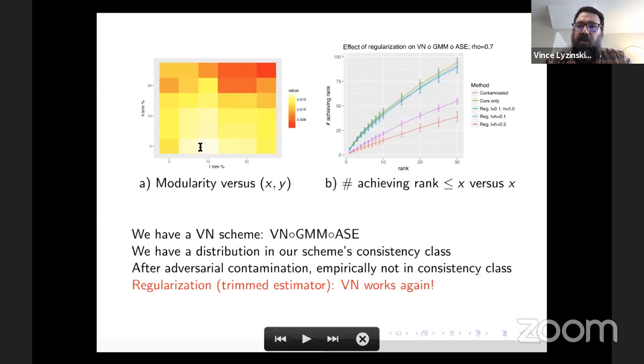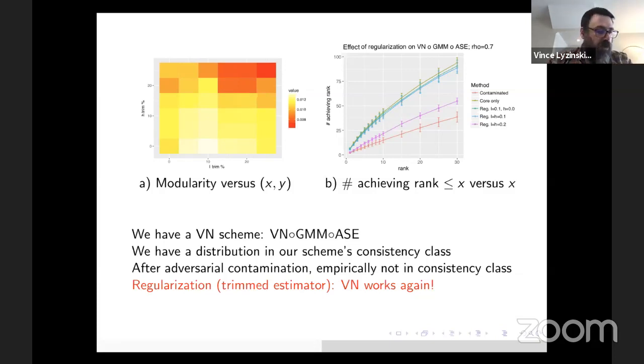And not only that, but that was the value predicted by our modularity estimator. So we have this way of doing adaptive regularization that in both simulated and real data networks seems to pick sensible parameters for the regularization.